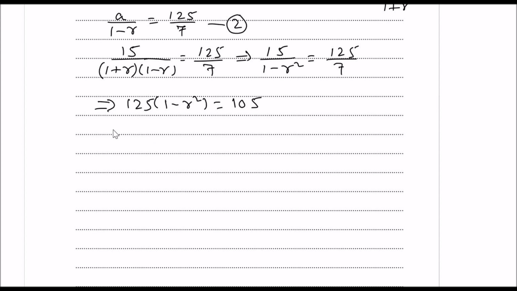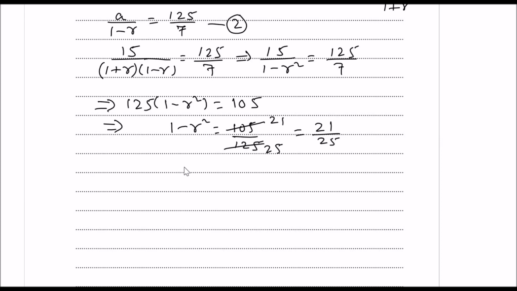So we can write 1 minus R square equal to 105 divided by 125. If you simplify, we get 21 by 25.